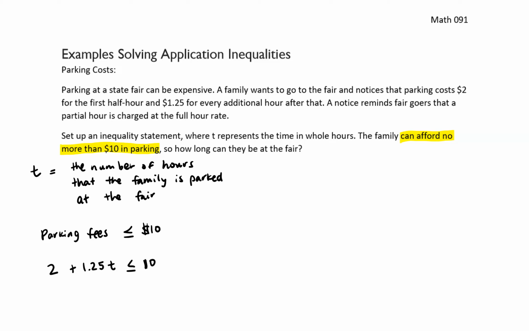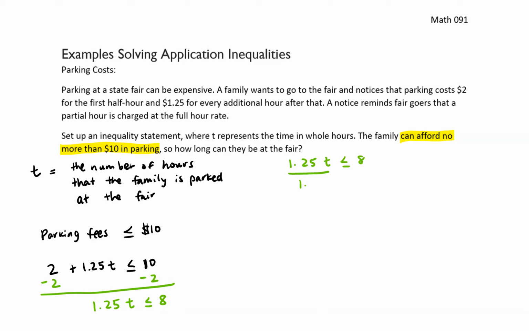So now that we have our inequality statement written like that, we can go ahead and solve for t. I'm going to subtract 2 from both sides. And if I do that, we get 1.25 t is less than or equal to 8. From here, let me rewrite this inequality up above.